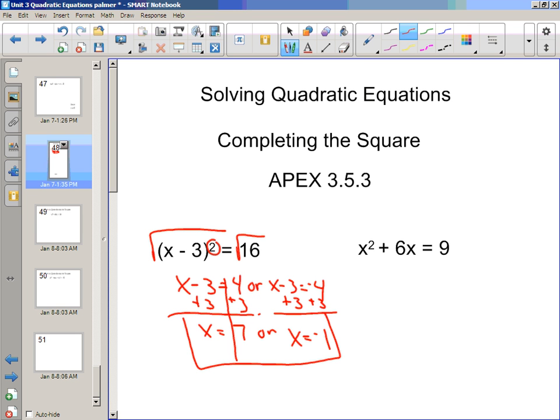Now the idea of solving a quadratic equation by completing the square is that we can make any equation that we would like look like this one. We can make it look like it's got a perfect square on one side by doing a process called completing the square.